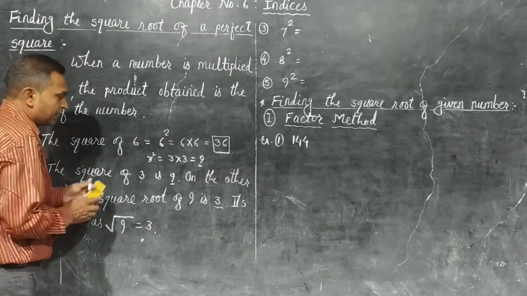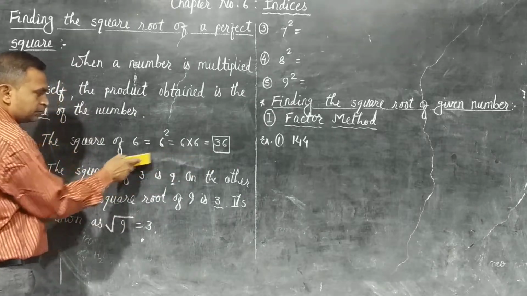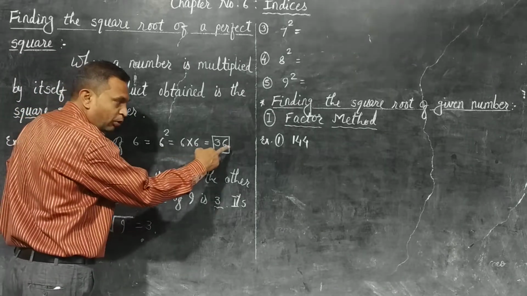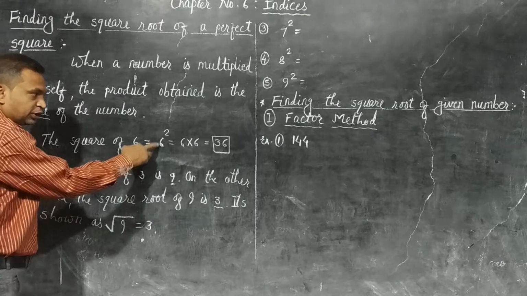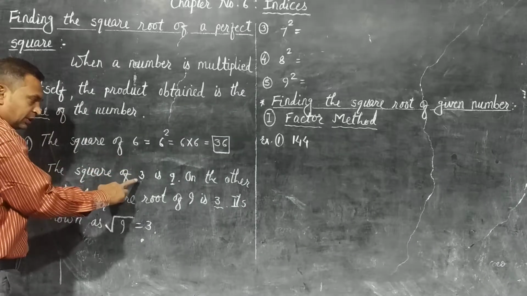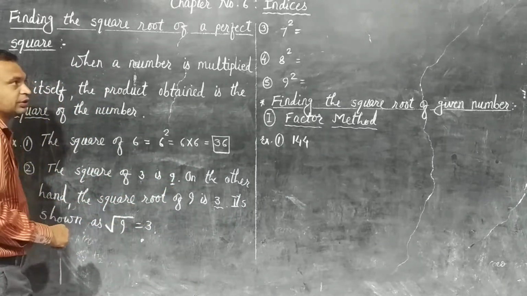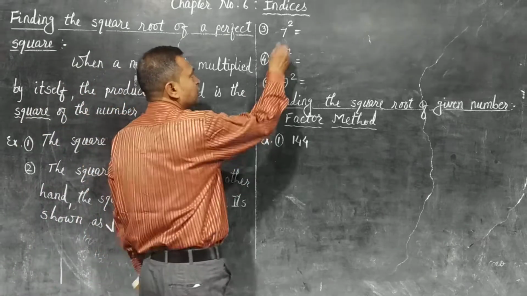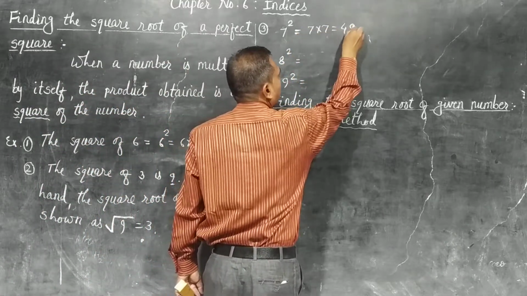Okay. Now, next example. Here we can say that square root of 36 is 6. 6 square is 36 and square root of 36 is 6. 3 square is 9. Square root of 9 is 3. 7 square means 7 into 7 is equal to 49.